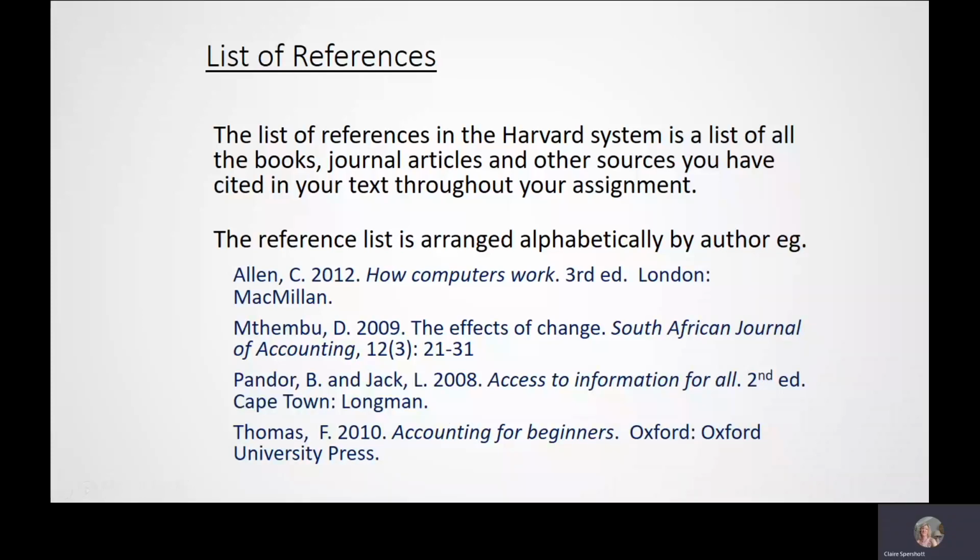You don't swap around within the citation, but eventually they must be put in alphabetical order of the first author. It doesn't matter whether the source is a book or a journal article or a newspaper article, they all go in the same list of references and are arranged alphabetically.